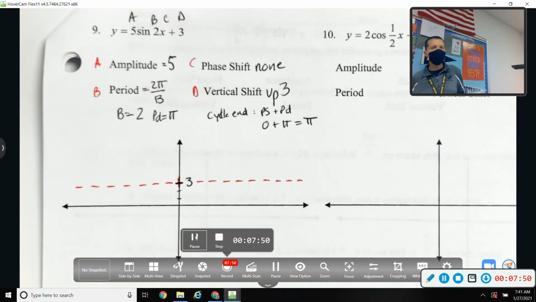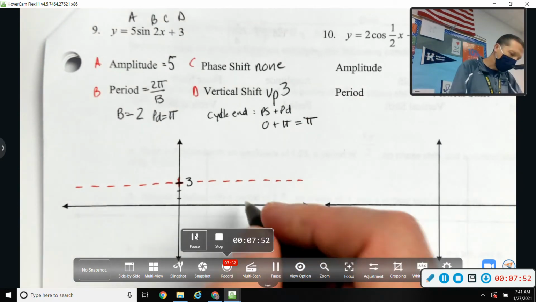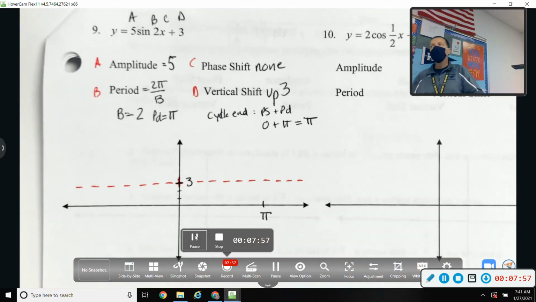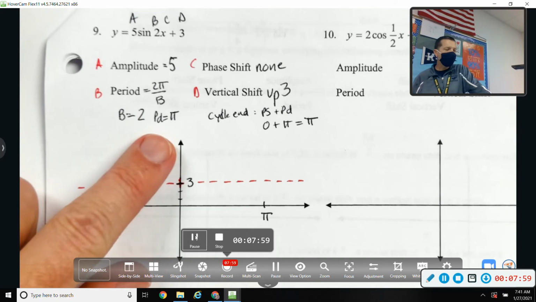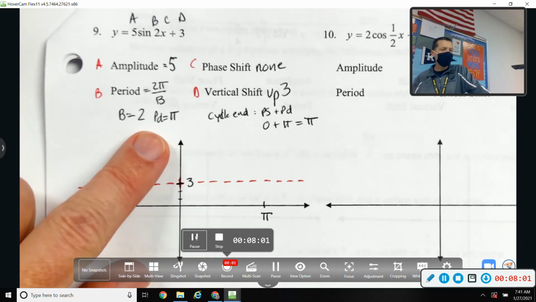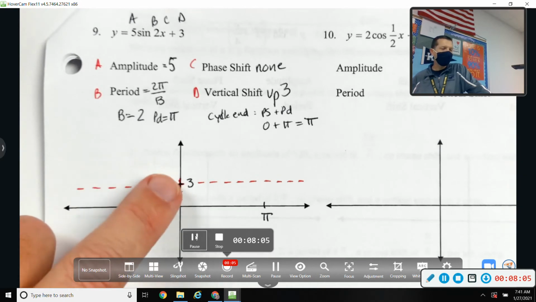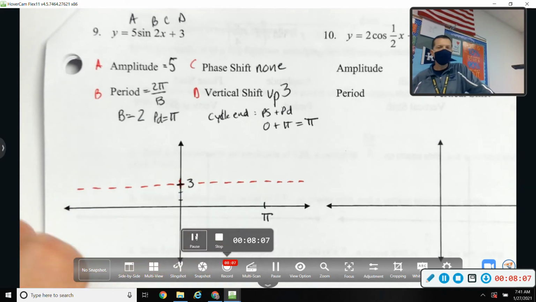So if I start at 0 and I go pi away, I end at pi. Be careful. Your cycle doesn't end at wherever the period is. The cycle ends the period away from where you start. This one, it so happens that we start at 0, so that makes it nicer.